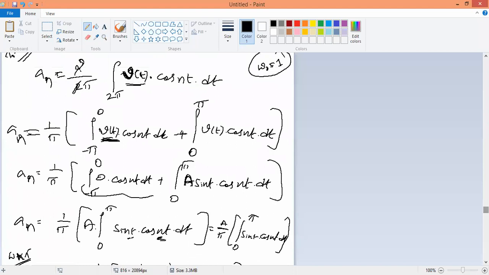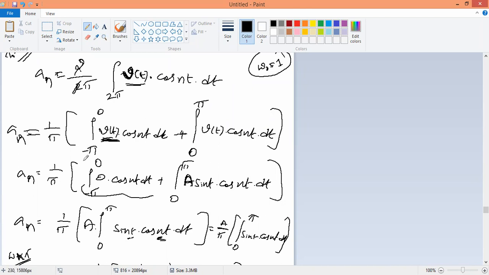Next, the v of t is defined in two different intervals. So an equals, the 2 will cancel, we have 1 by pi only. After cancelling 2 in the denominator and numerator, 1 by pi will come. Now 1 by pi into integral from minus pi to 0 of v of t cos nt dt, plus integral from 0 to pi of v of t cos nt dt.